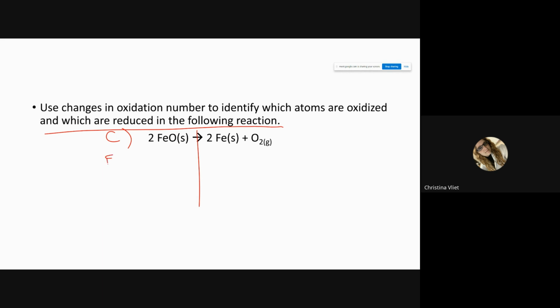So, iron. What's the charge of iron on the reactant side? How would we figure that out? Iron's not in a known group of the periodic table. It's a transition metal, meaning it could have multiple charges. So how do we know by looking at this what the charge of iron is? What could we use to help us? Look at oxygen.